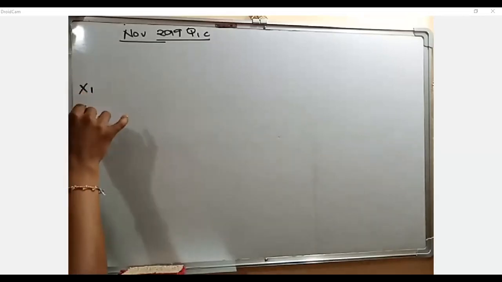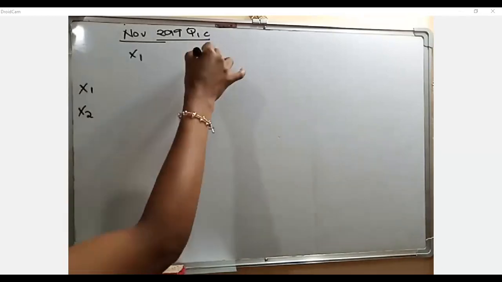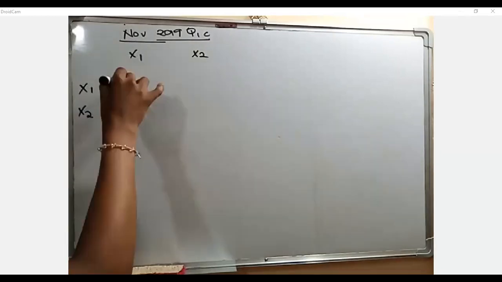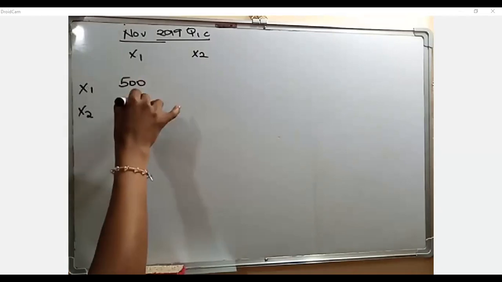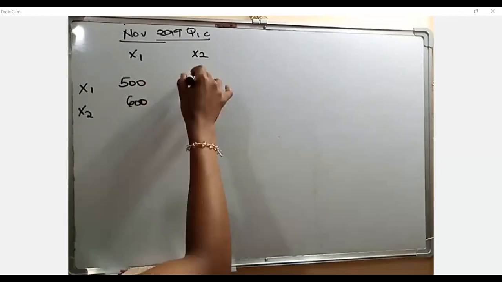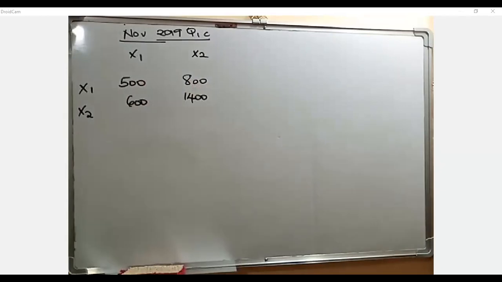I just copy the question the way it is. Here we have X1 and X2, and also X1 and X2 here. For X1 it is 500 and 600, then the other row is 800 and 1400. We have our demand here, which is the consumer demand.